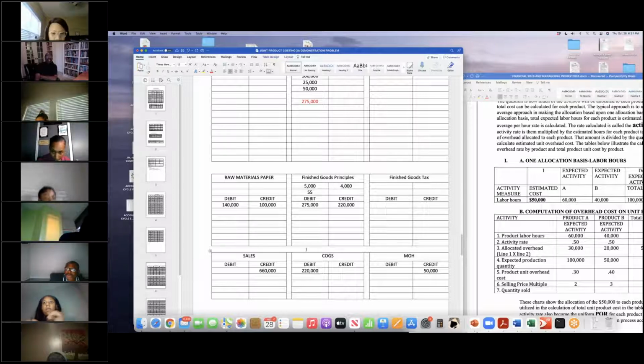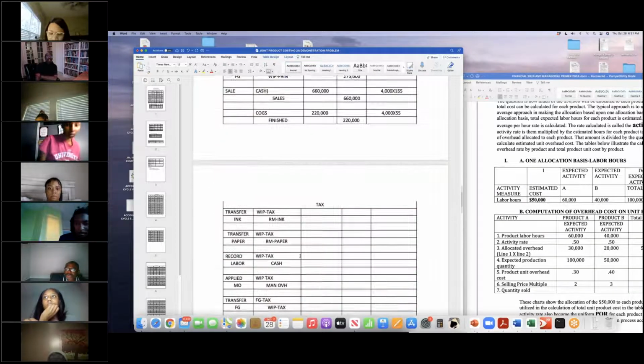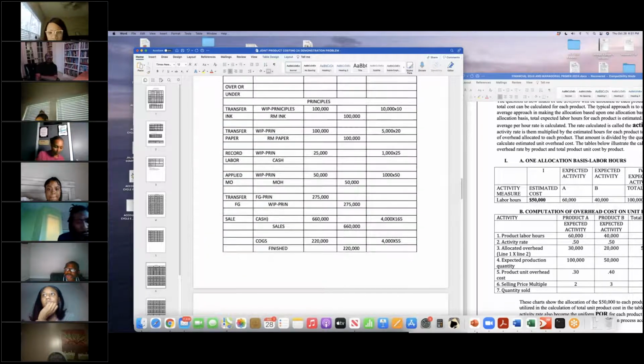Are there any questions about any of those journal entries and what we did? We made the journal entries and posted them. We transferred in the ink and the paper. We paid the workers. We applied the manufacturing overhead.